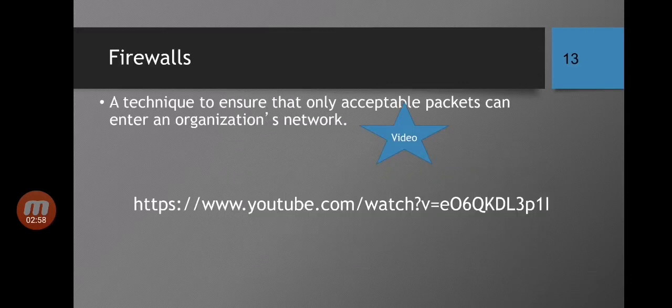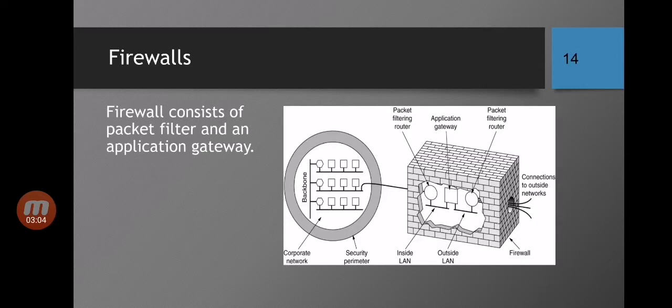Firewall is a technique to ensure that only acceptable packets can enter an organization network. So it consists of a packet filter and an application gateway. So in this example, before anything can get into your LAN, it will actually be filtered by an application gateway.